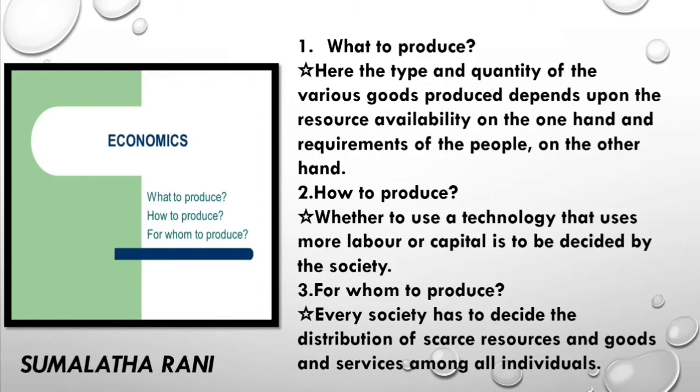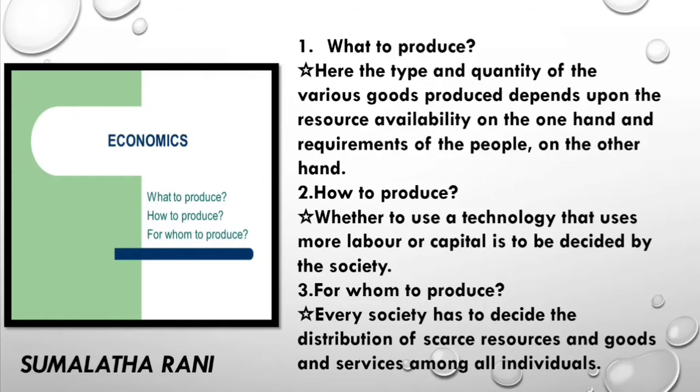Next one, how to produce. There are different ways to produce given goods. Different combinations of inputs and resources can be used to produce a given amount of goods or services. This is called the technology of production.